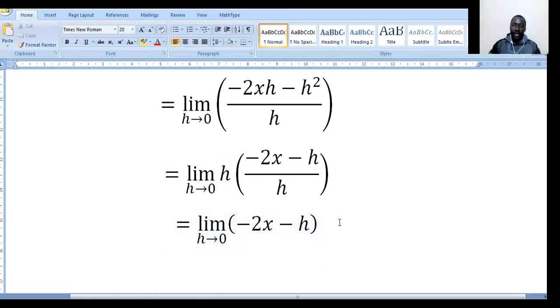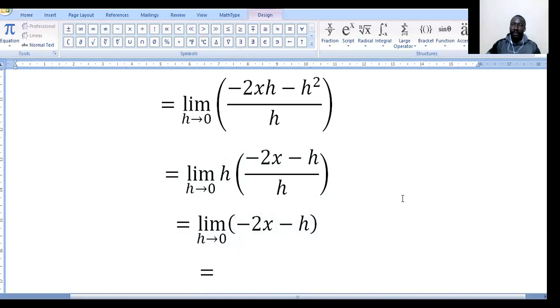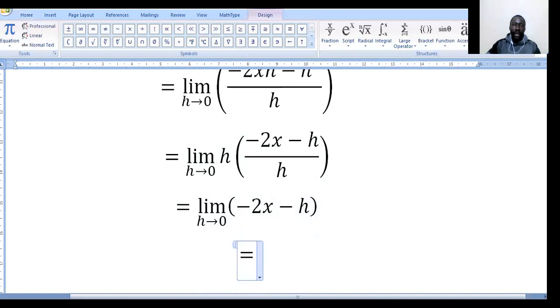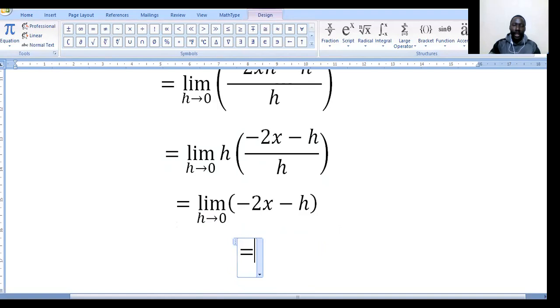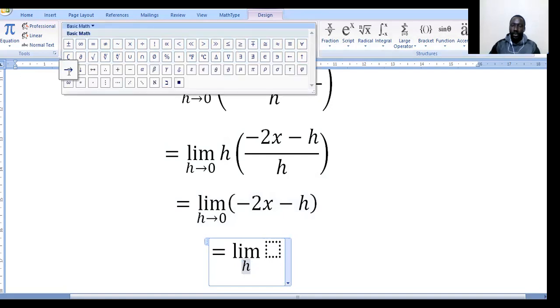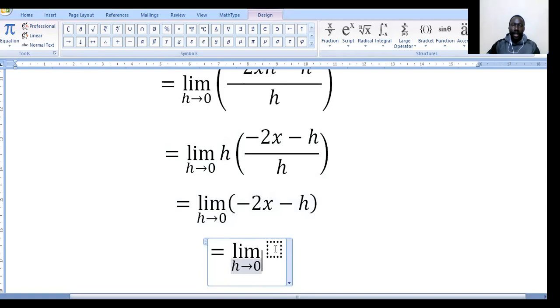And when we do that, what we get will now be the limit as h approaches 0 of minus 2x minus 0. That's what we are going to be left with.